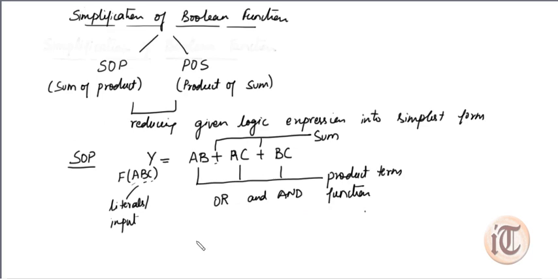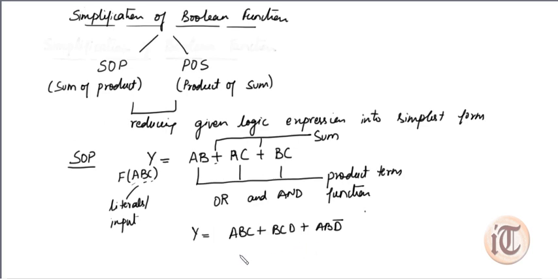Now we take some more examples of SOP. Suppose we have y equals ABC plus BCD plus AB D bar. Again, ABC, BCD, AB D bar are the product terms, and we take the sum of these product terms. Therefore, this is an SOP form.